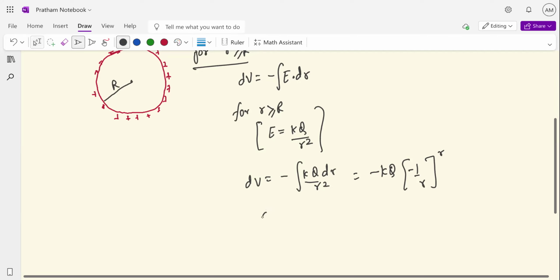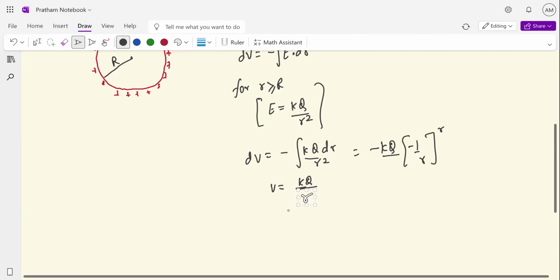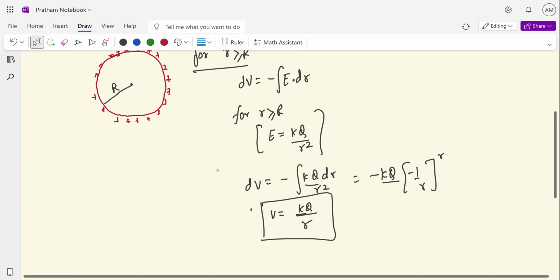So whatever you get, the negative will cancel out, so you'll be left with kq divided by r. Is that clear? Okay. One more thing, I integrated both sides now, so this should have also been integrated. Now I think it's fine. So this is the potential for r greater than R.